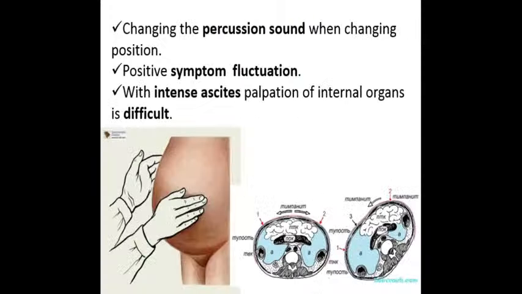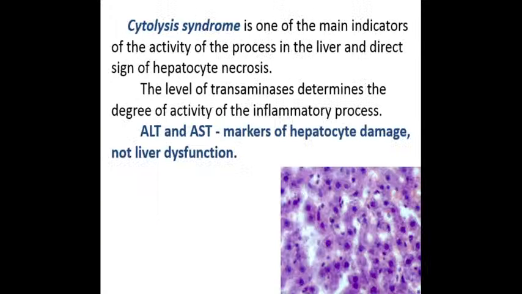And also, if we do percussion, the percussion sound changes when changing the position of the patient. Positive symptom of fluctuation, and with intense ascites, palpation of internal organs is difficult.